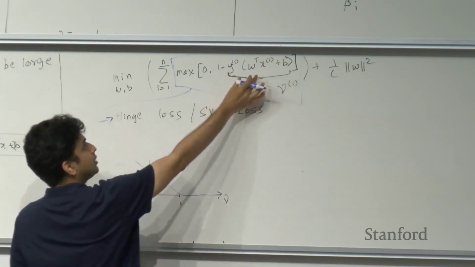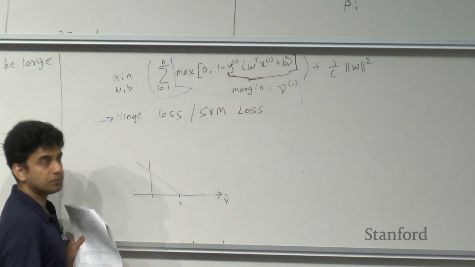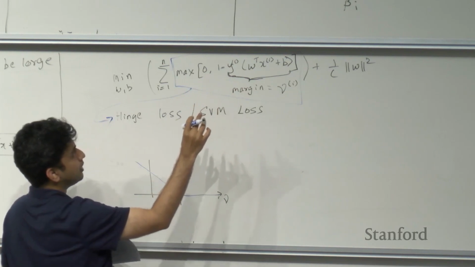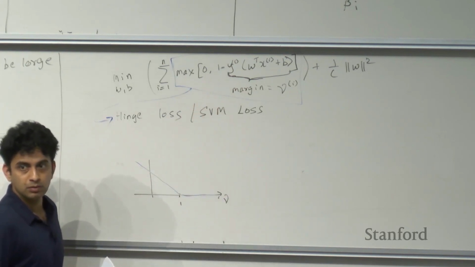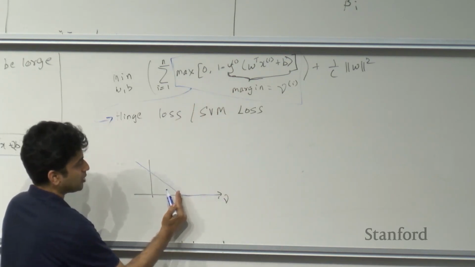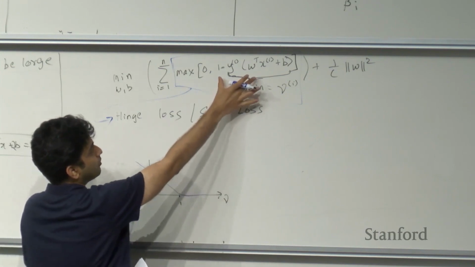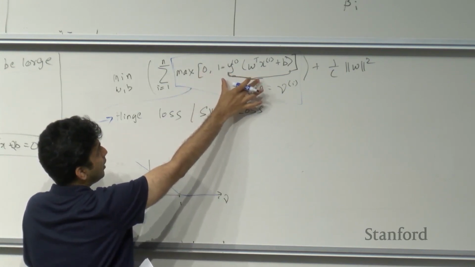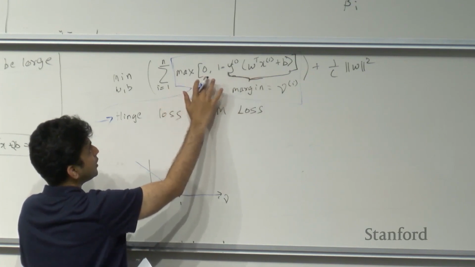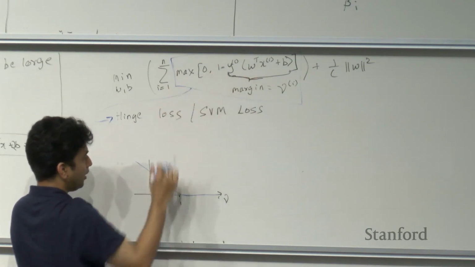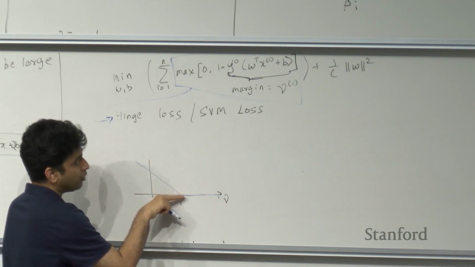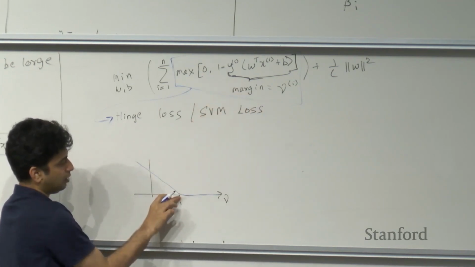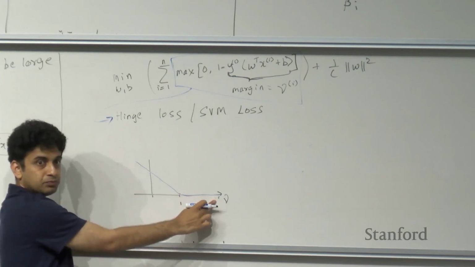Whenever the margin is bigger than 1, the right hand term after the comma is going to be less than 0. So for all values where the margin is bigger than 1, the second term will be less than 0, and the max between 0 and a negative number will be 0. And so the hinge loss for any value of gamma bigger than 1 is always 0.